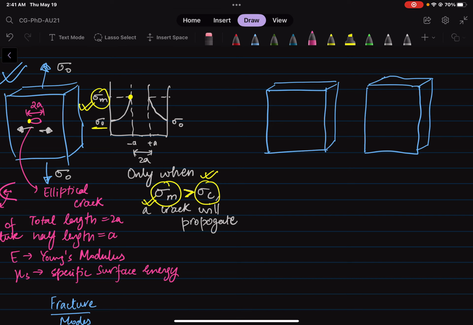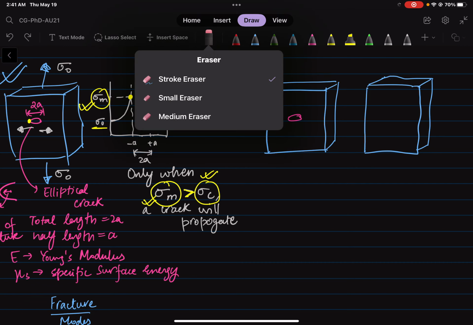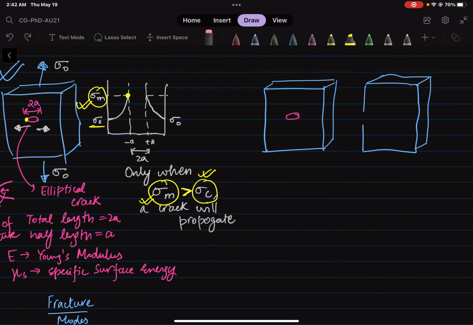On the left hand side, let's say my elliptical crack is in the middle of the material, deep inside the material. While on the right hand side, your defect or crack is on the edge, or rather I should say the surface of your material.